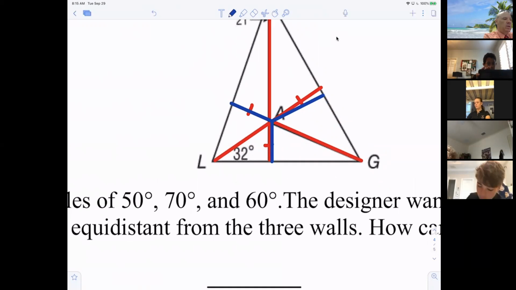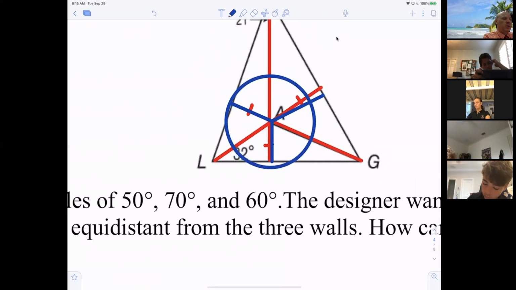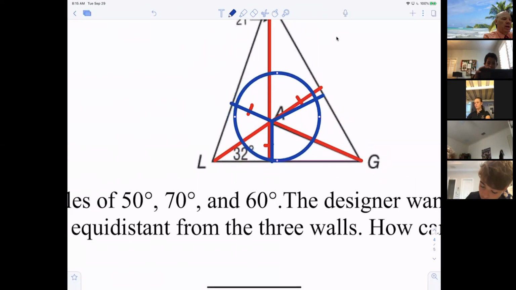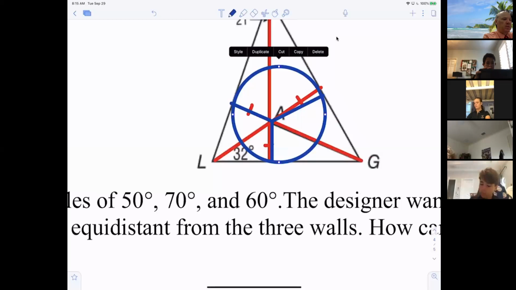And again, the in-center would allow you to blow up a circle and it would fit perfectly on that triangle, all right? That's what that means, all right? But obviously that's not a very good job. I don't think the publisher, whoever created this worksheet, actually did this. I think they just drew a triangle and just put things in there, all right?